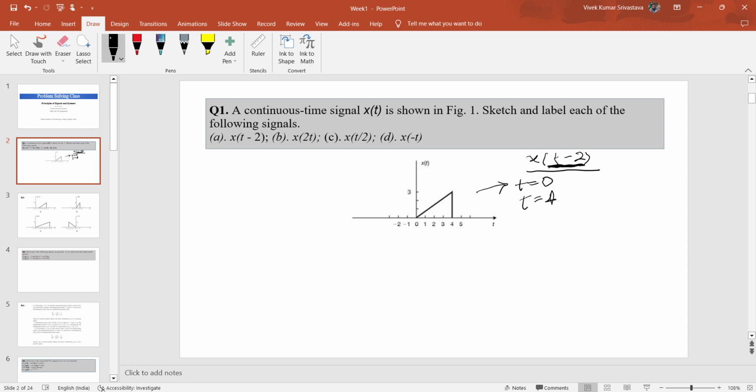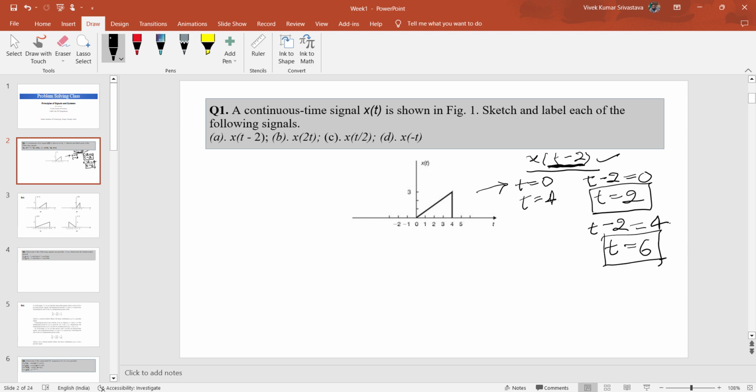For obtaining this signal, we put the argument the same as the signal x of t, that is t minus 2 starts from 0. This represents that t will start from 2 seconds, whereas it will end at t minus 2 equals 4, so it will end at t equals 6 seconds.